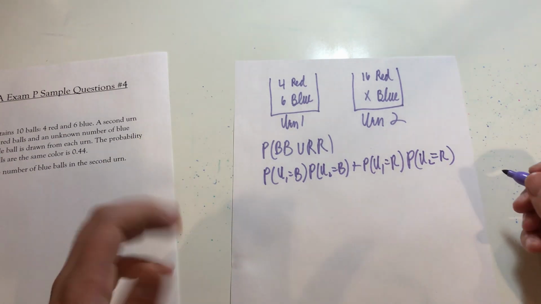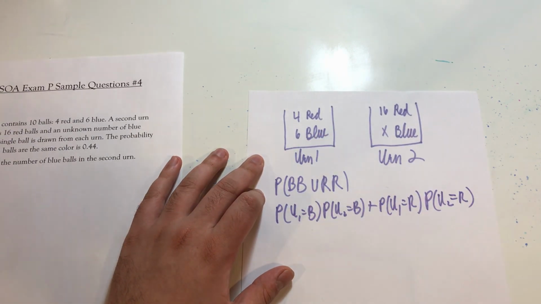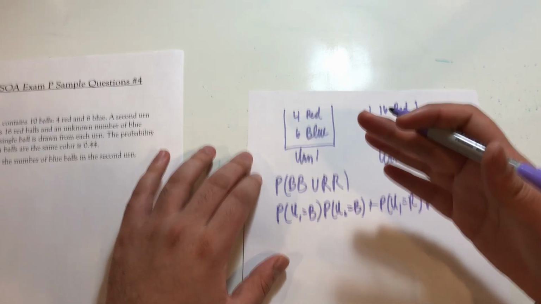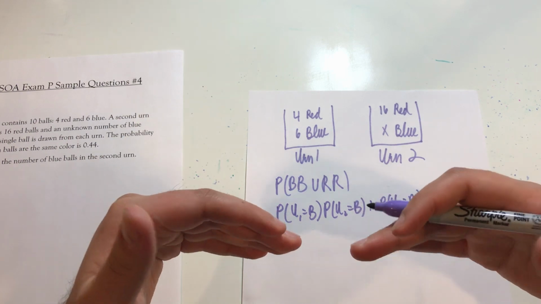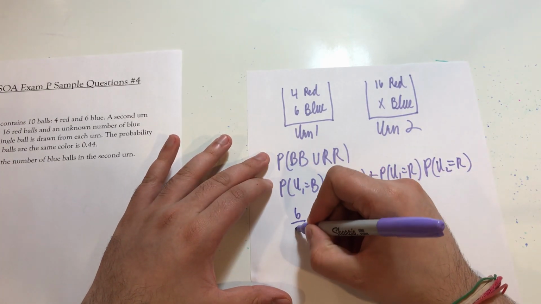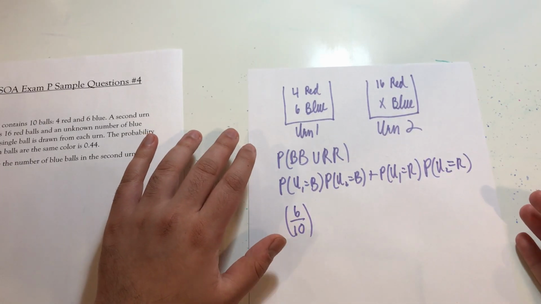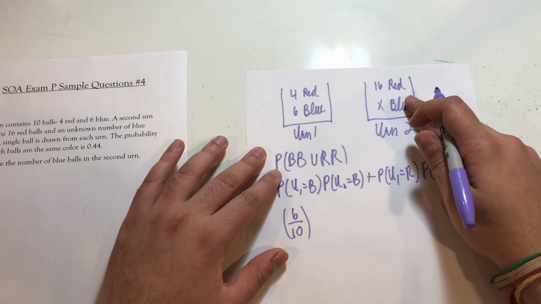Okay. So easy, right? The probability that we draw a blue ball from urn 1 is just the number of possible outcomes out of the total number of outcomes. So that's going to be 6 over 10. What's the probability of getting a blue one out of urn 2?